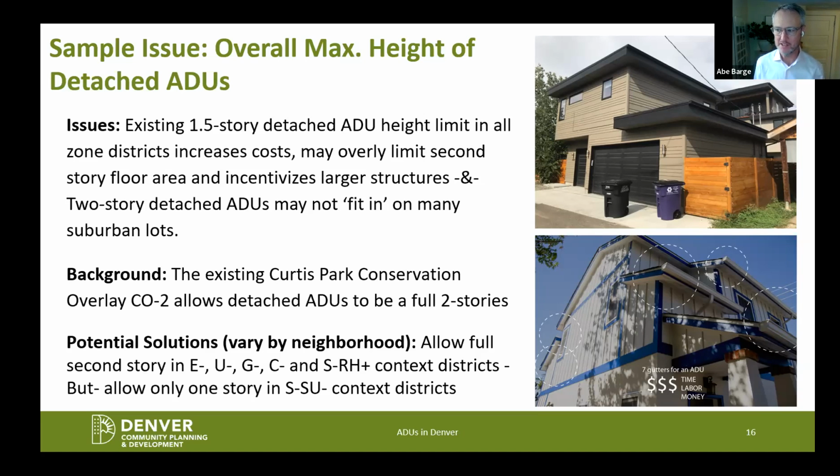It technically means that the second floor can't be as big as the first floor, and it can only be 75%. It's not half, it's 75% of the first floor. And so in that image in the upper right, you see that the second floor is smaller than the first floor. And that's been built that way in order to meet that current rule.